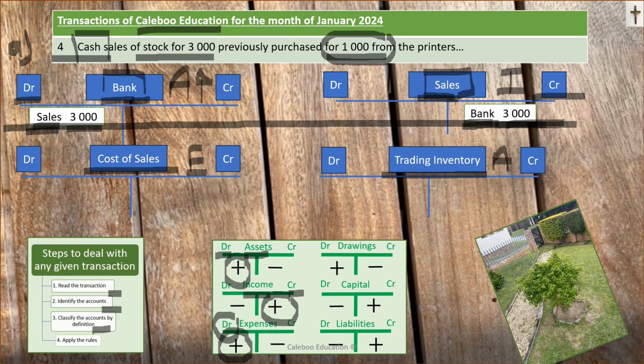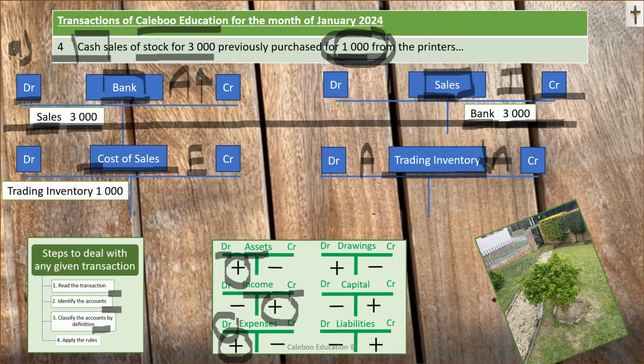Now the trading inventory value on our books has decreased because the trading inventory has been given to the customer. So now we can't show trading inventory as an asset anymore because the value of the trading inventory has decreased by the cost of the stock that is being sold, 1,000.